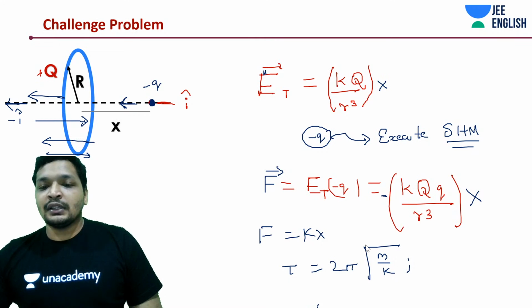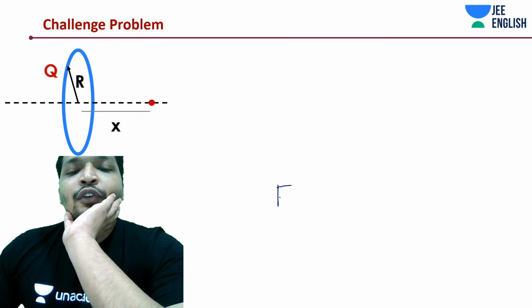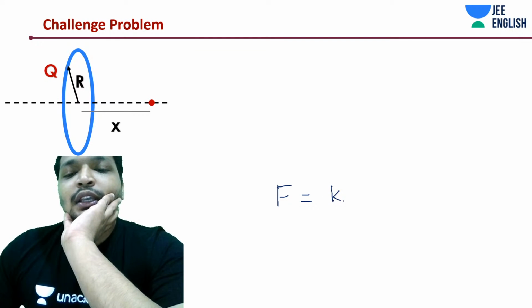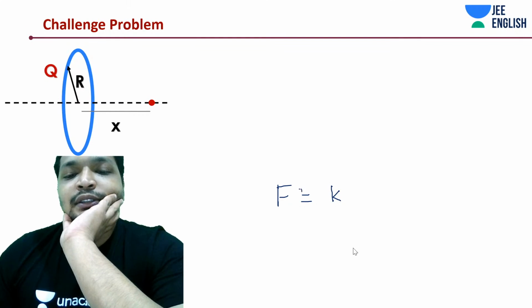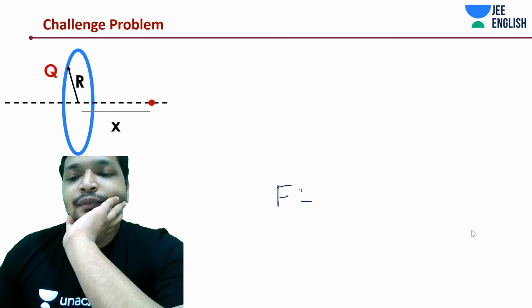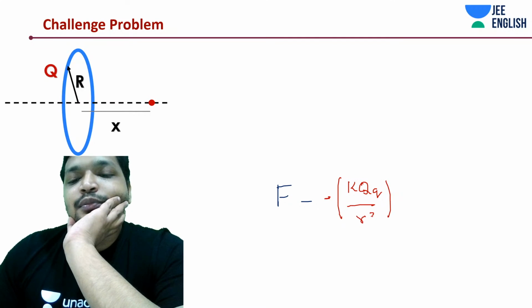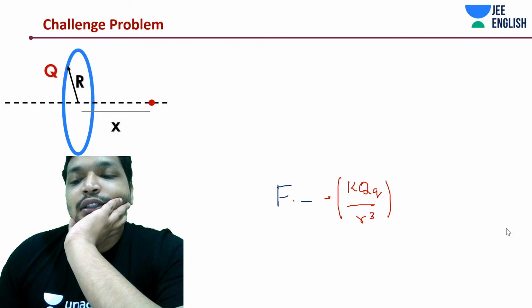So the most important thing to understand was the constant k. We got some expression like this: k q minus by r cube.